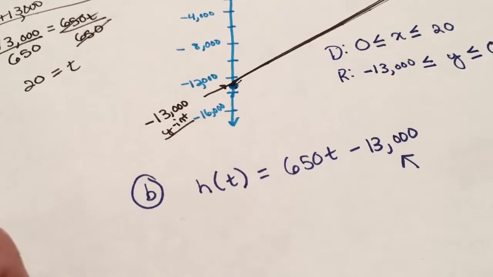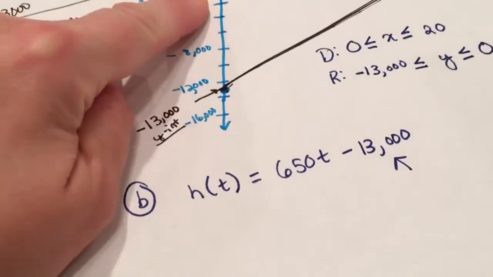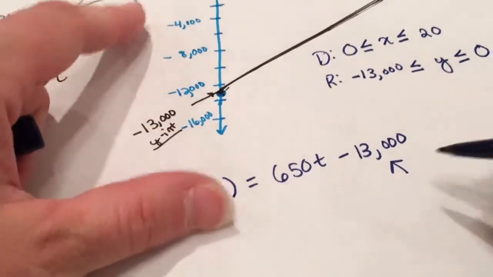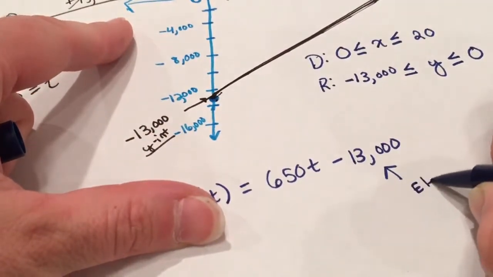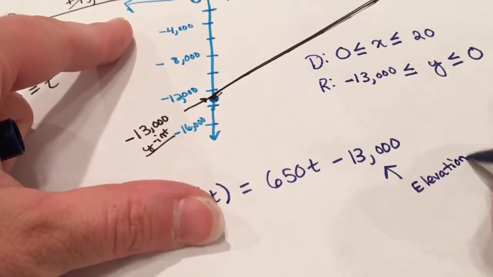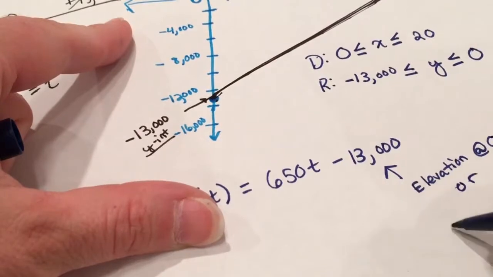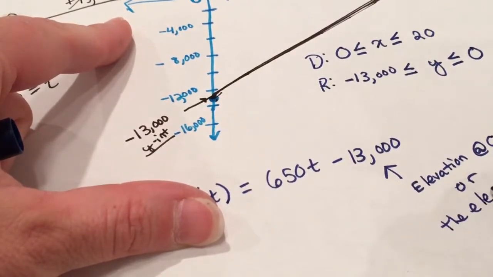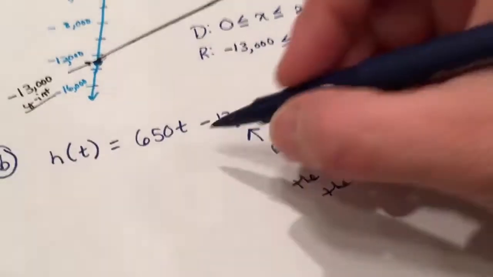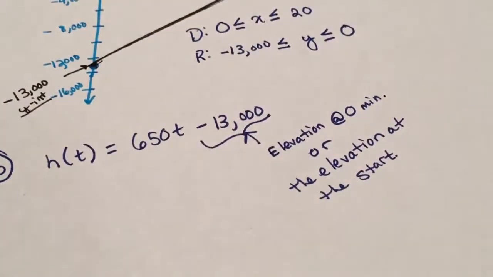Always, the y-intercept is where we start. So this represents the elevation at 0 minutes, or the elevation at the beginning, at the start. That's what this y-intercept represents.